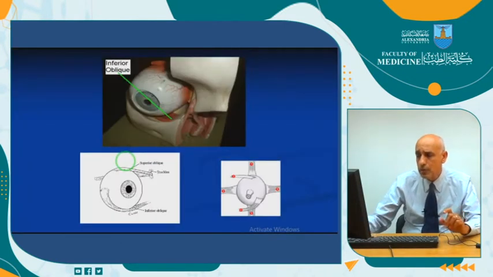These are some pictures of the muscles. We have the recti muscles: this is the medial rectus, lateral rectus, superior rectus, inferior rectus, and we have the oblique muscles.